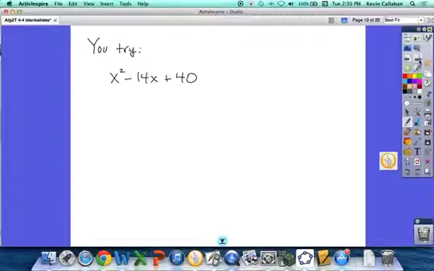I would think of 5 times 8 first, right? But then I would say, okay, 5 and 8 aren't going to work, and I would look a little harder. But I think 5 times 8 when I think 40. So, what two numbers did you come up with? 10 and 4, right? So if it's -4 times -10, that gives us the positive 40. And then when you add them up, that gives you -14, right? So x minus 4, x minus 10.